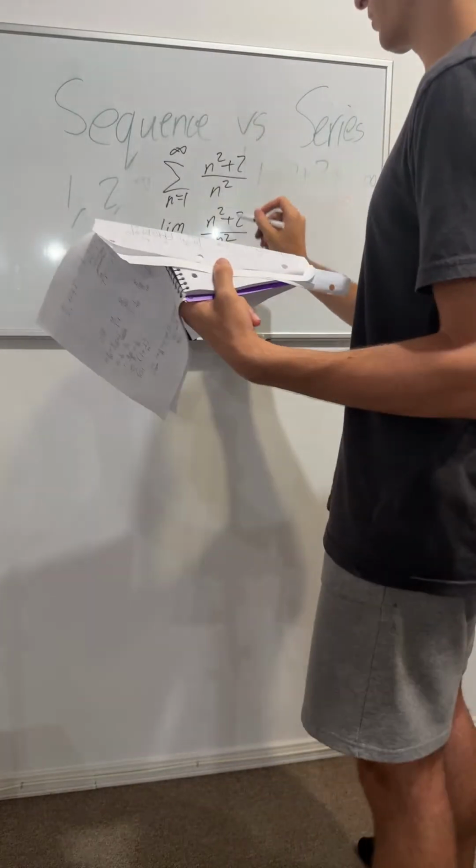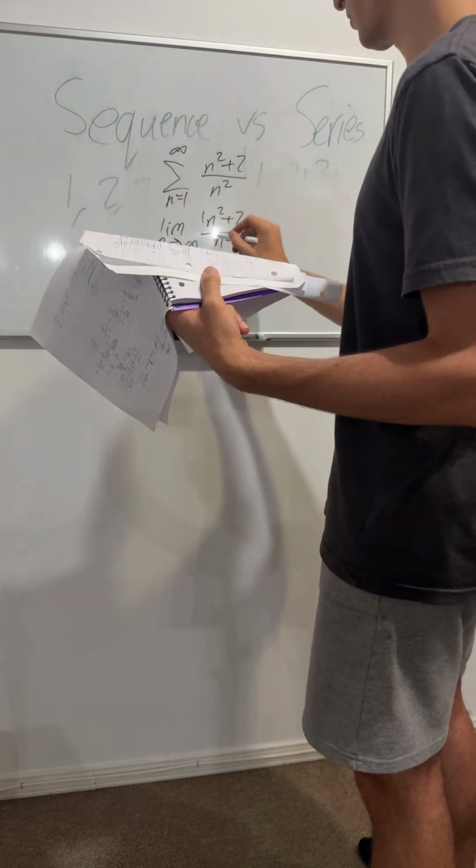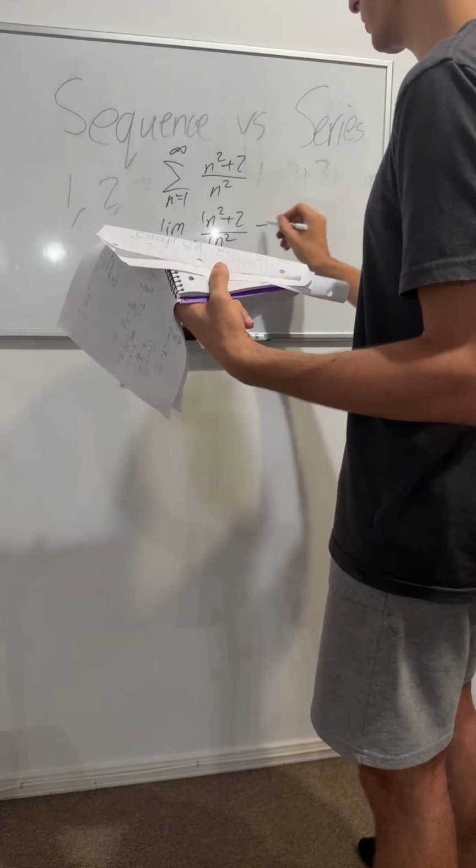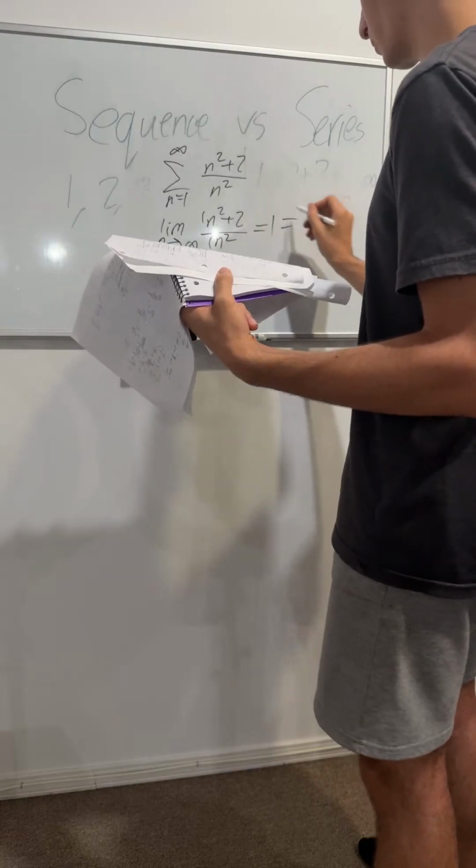We see that n squared and n squared have the same degree. So since they have the same degree, 1 over 1 equals 1. This 1 is not equal to 0.